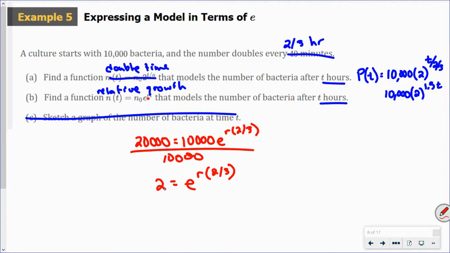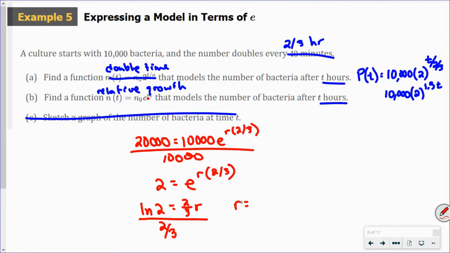Now we need to switch out of the exponential and put it into logarithmic, and it's ln. So ln 2 equals 2/3 r. Then we divide by 2/3 or multiply by 1.5. So r equals ln 2 divided by 2/3.